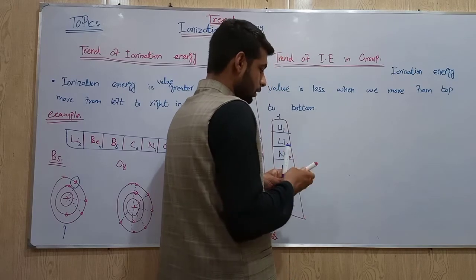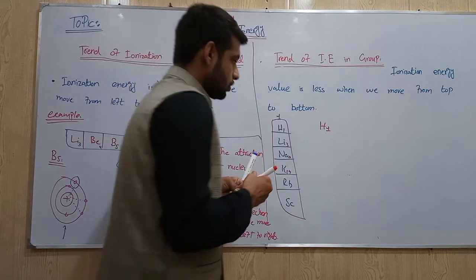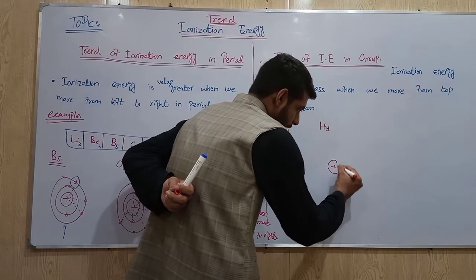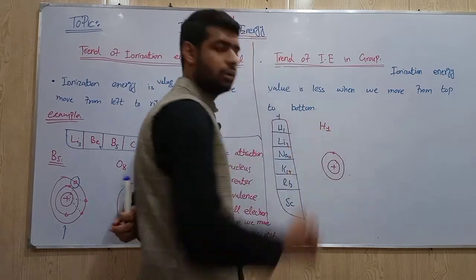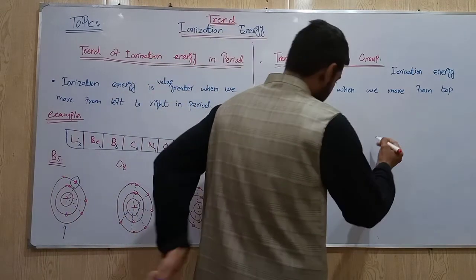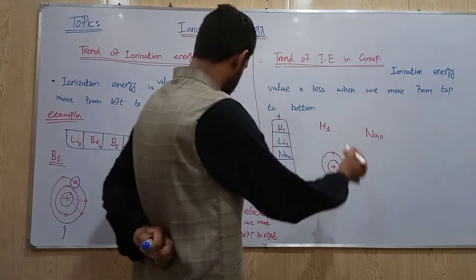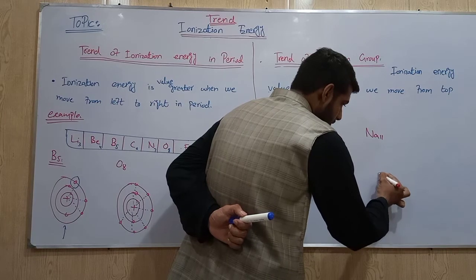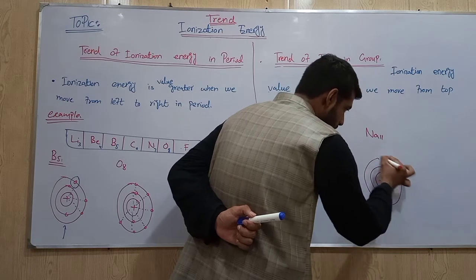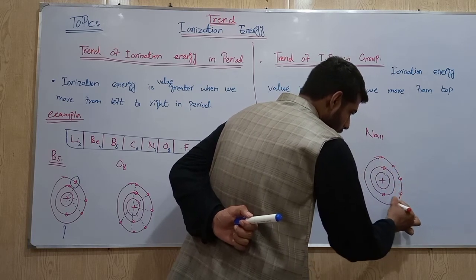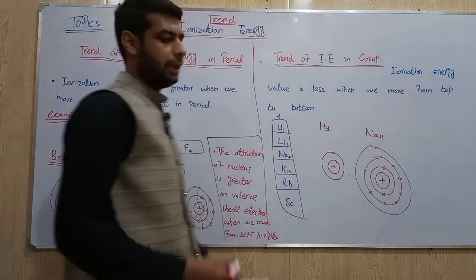Firstly, I will take the hydrogen element, whose atomic number is 1, and I write its atomic structure. The center is the nucleus of an atom and the first shell has 1 electron for hydrogen. The second is sodium, which has atomic number 11, and in its atomic structure the first shell has 2 electrons, the second shell has 8 electrons and the third shell has only 1 electron.